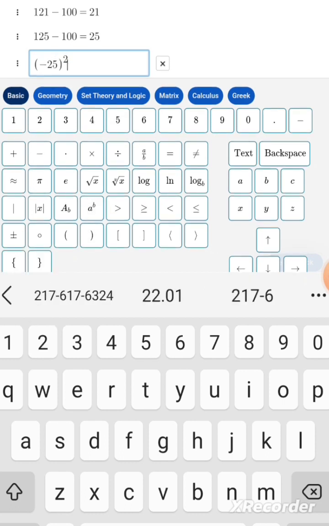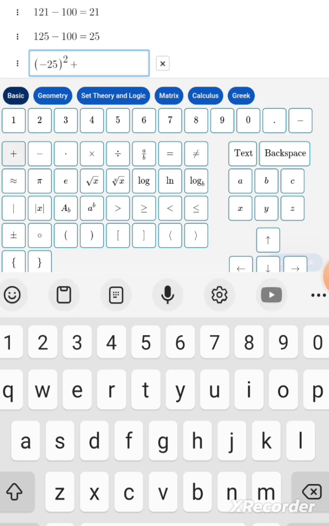Add to that, because we're going to find the average of these squared differences, the negative 17 squared, and then add to that negative 4 squared.